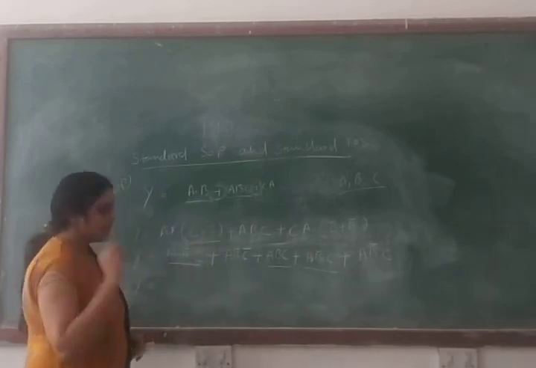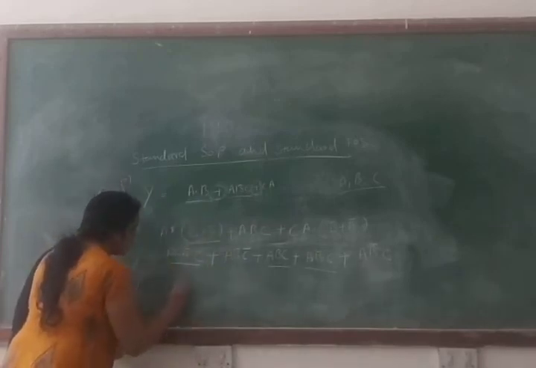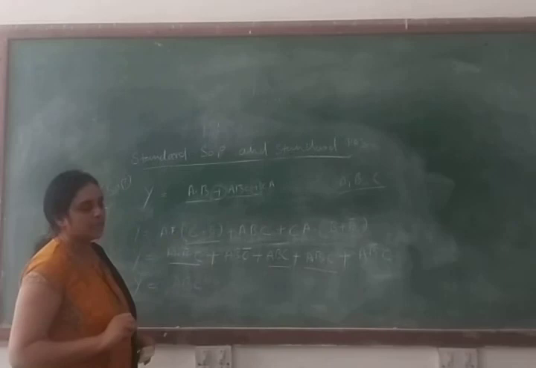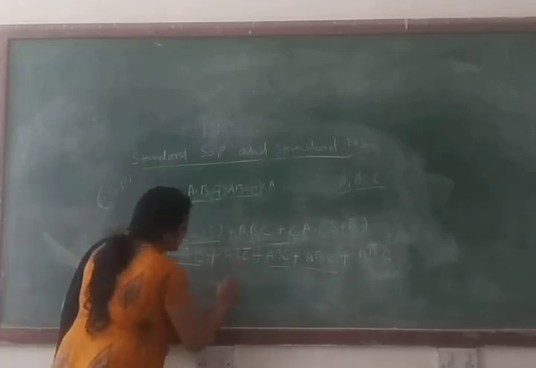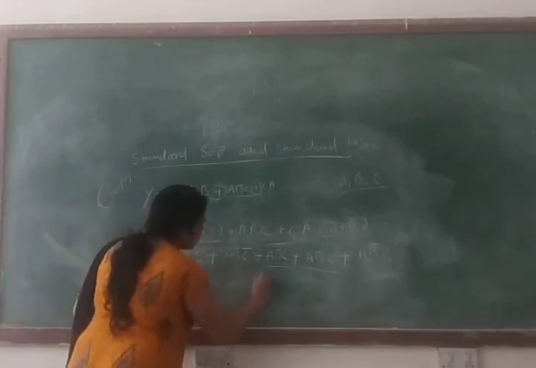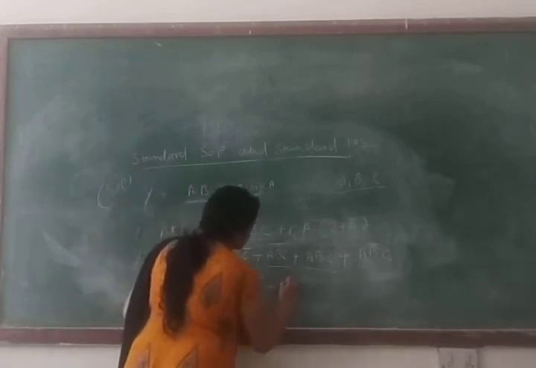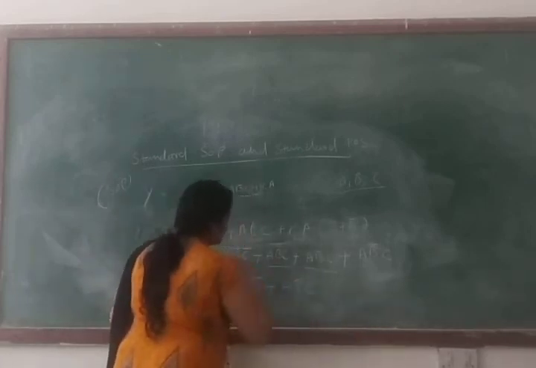So this is a redundant term, so we will write it only one time, that is ABC, plus the next term is ABC complement, plus the next term is AB complement C.